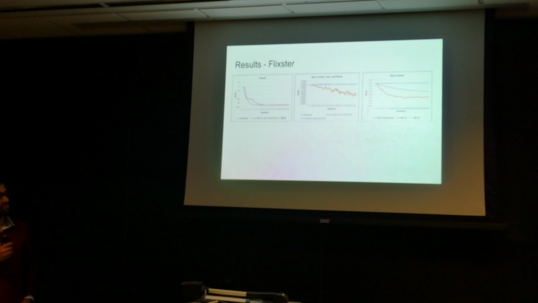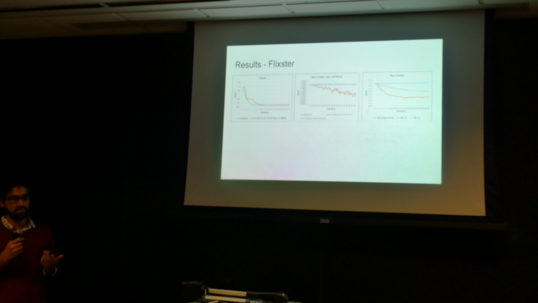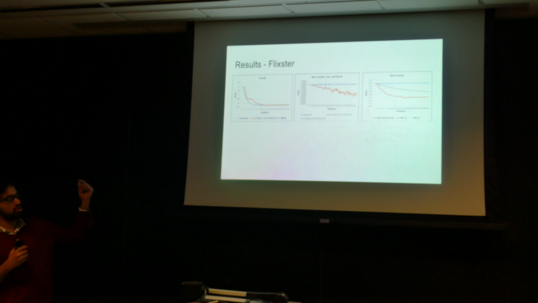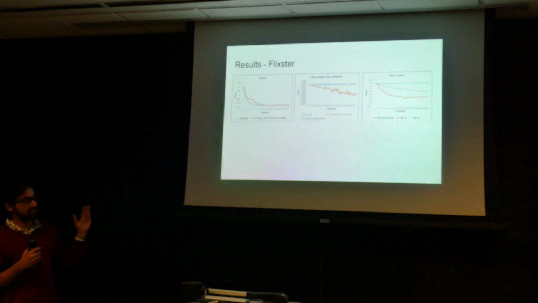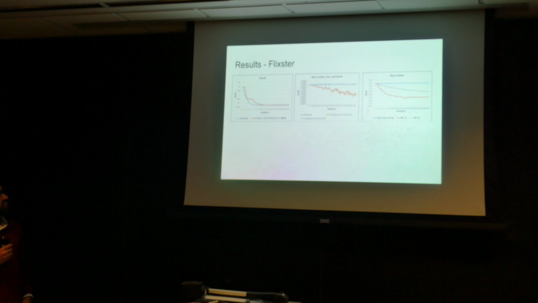So this is the result for the Flixster database. On the leftmost figure, you could see that this is for the overall. This is not for the cold start problem. The blue line denotes the no-kernel baseline, and the orange line is our method. So you can see that in the leftmost figure, we are not getting any improvement over the baseline.